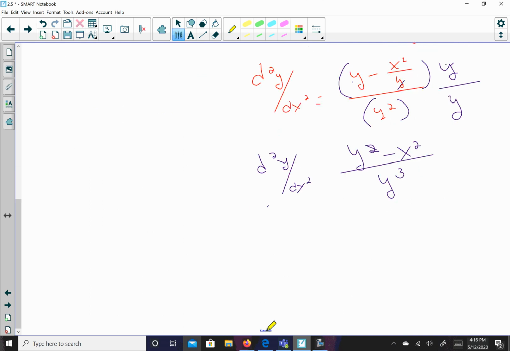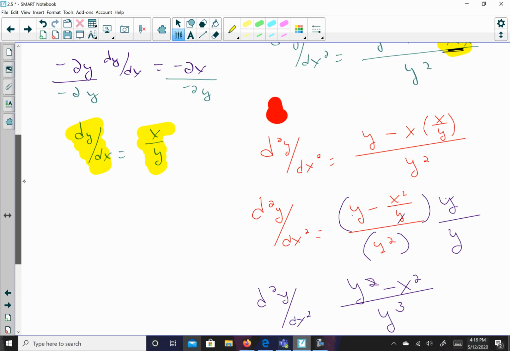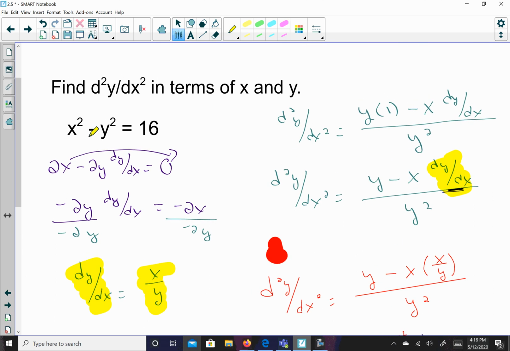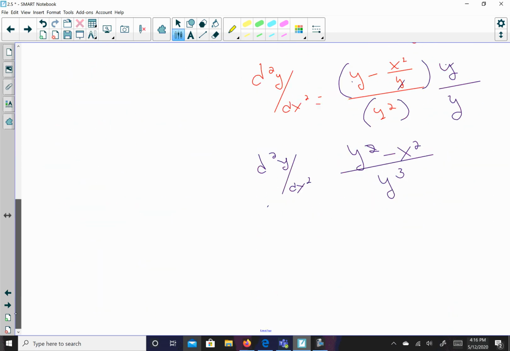second derivative, but this should look familiar. This y squared minus x squared sort of reminds me a lot of what I started off with. It was x squared minus y squared. So if you want to think of this, you can think of this as I put a negative sign out in front. Do we all agree that I can make this x squared minus y squared?